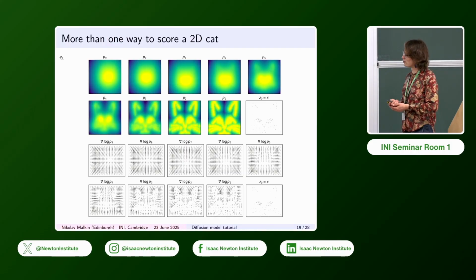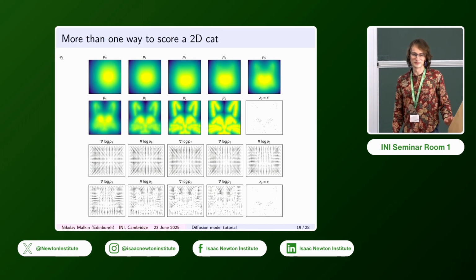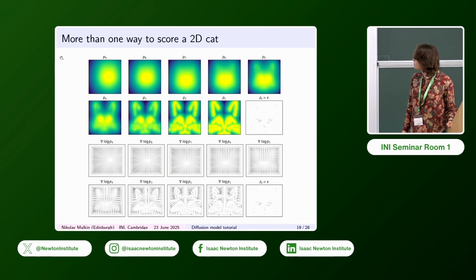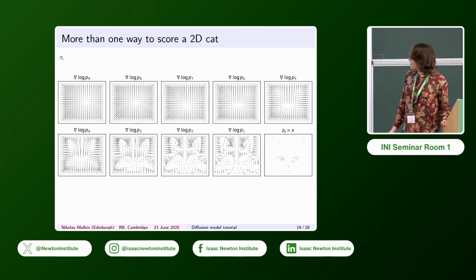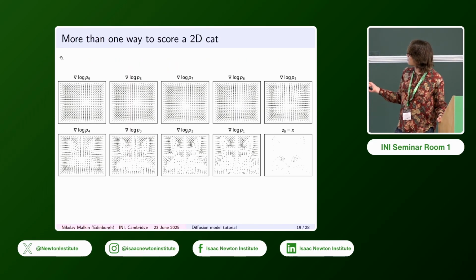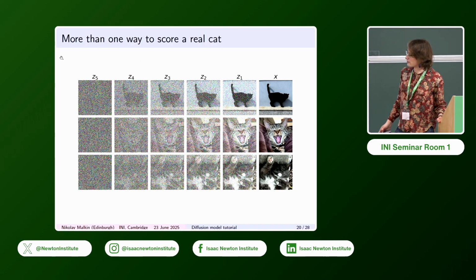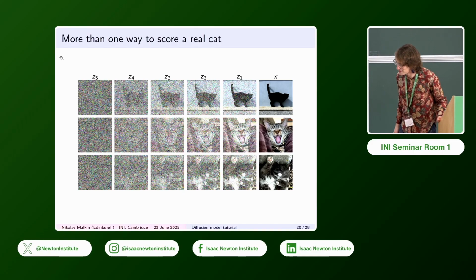If we think about what's going on when we draw samples going left to right, we first make a little noisy step using this vector field, then using this one, then using this one, and so on. And eventually projecting onto the data manifold and eventually moving close to the nearest data point. It's a 2D cat. Here, this same thing, a little more close up. Real cat, real images, same thing is going on.